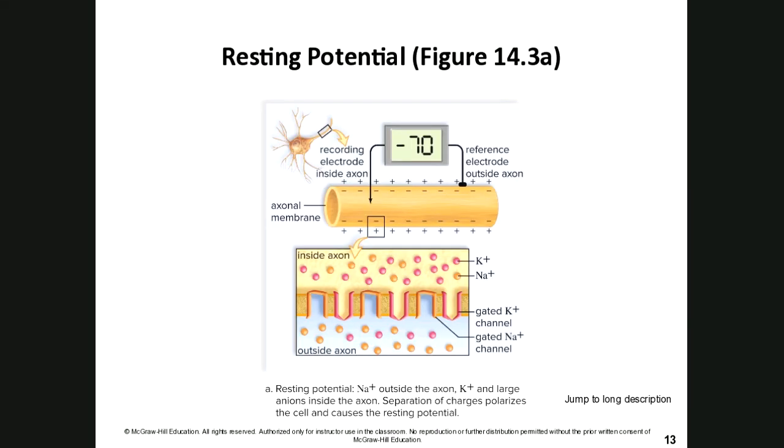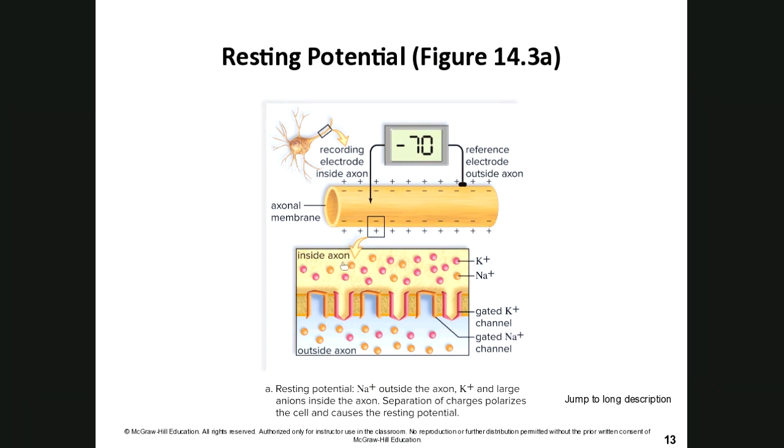So if we were to take a voltage meter and measure the potential of this cell that's at rest, we would see that the inside of that cell is at negative 70 millivolts, and then the outside of that cell is more positively charged.